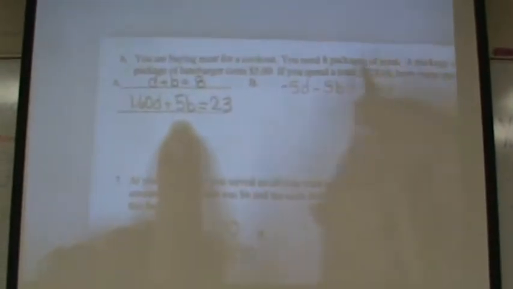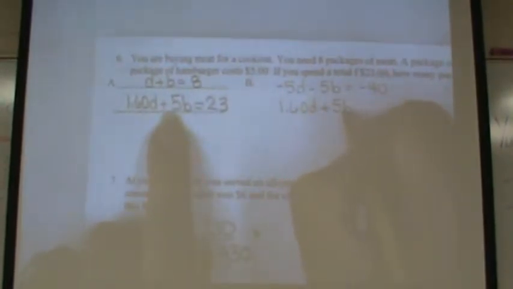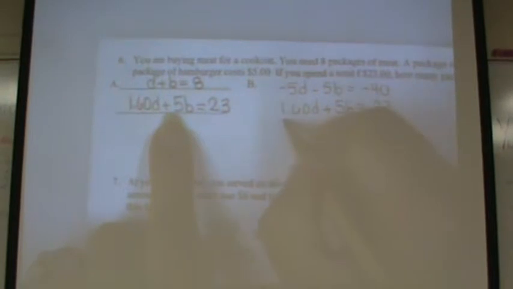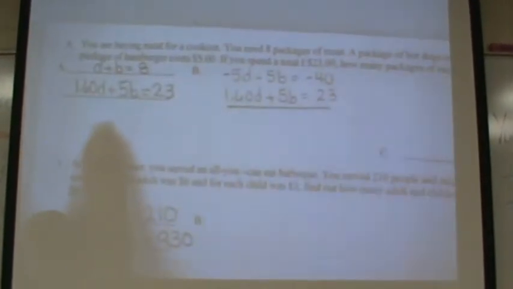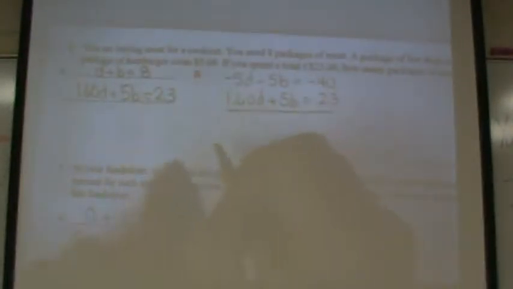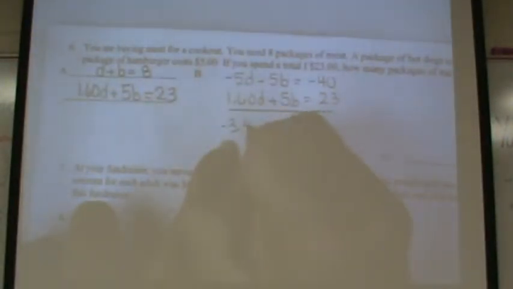So negative 5 times this whole thing is that. And then keeping this, we can handle that decimal. Okay. So we have negative 5 plus $1.60. It's negative 3.40. These are going to cancel. And negative 40 plus 23 is negative 17.